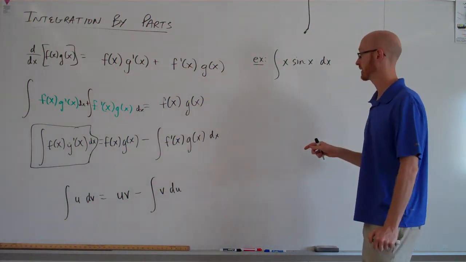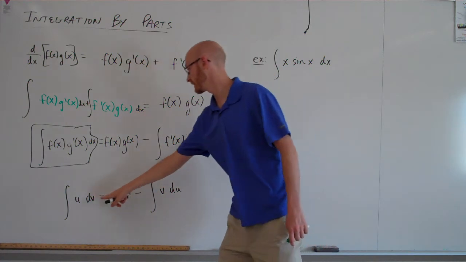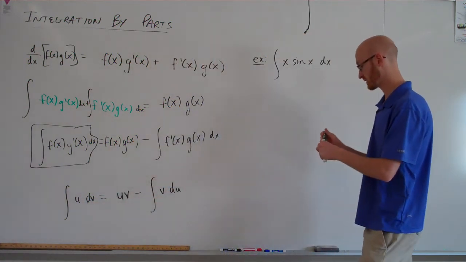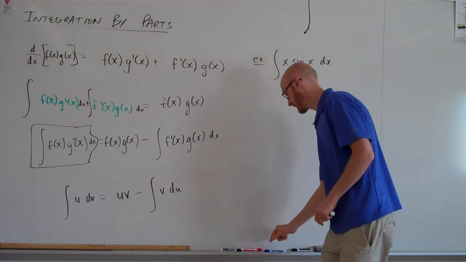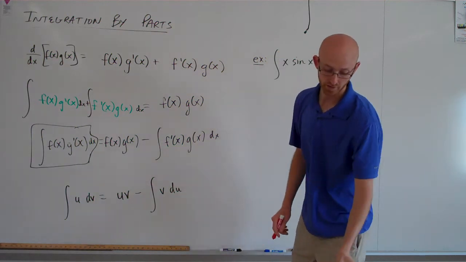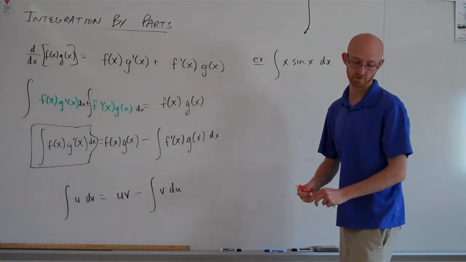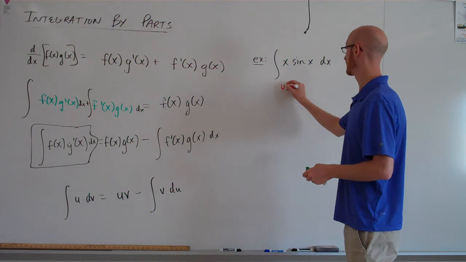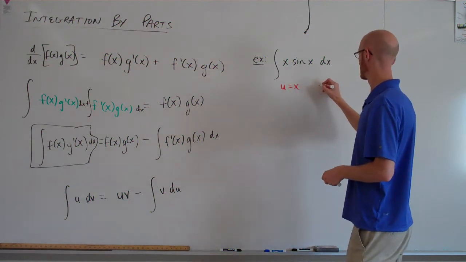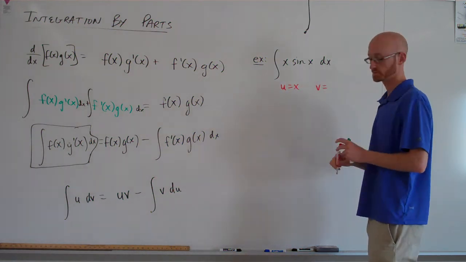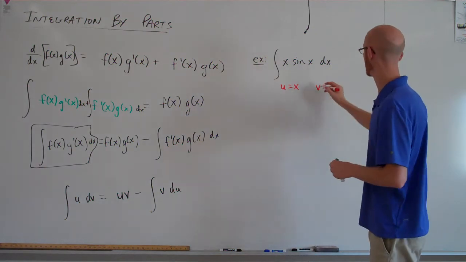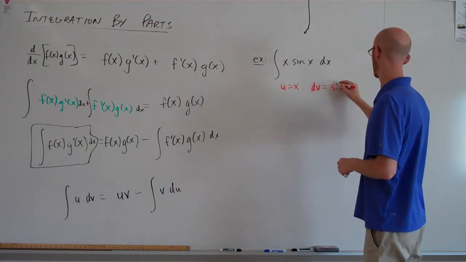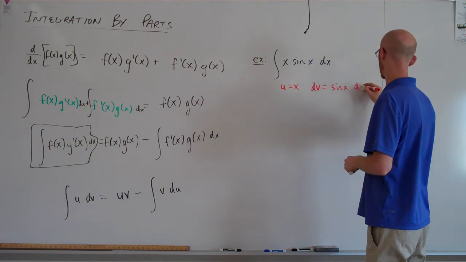So what we will do though is we're trying again to write it in this form. So we kind of need to declare a u and a v value. And in this case, the value for u will be x. And for v, or I should say dv, will be sine x dx.